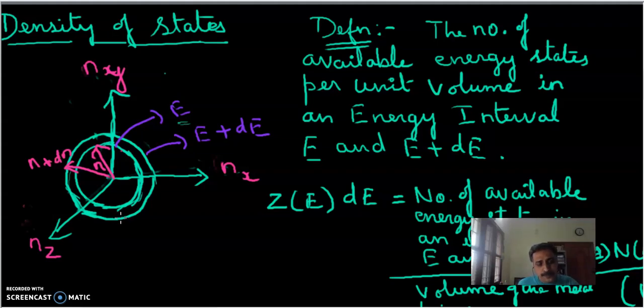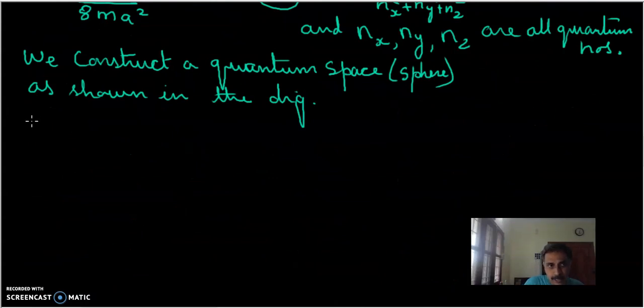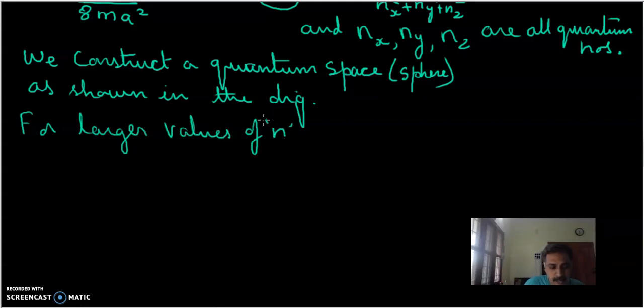Now let us come to the derivation. For larger values of n, we say that the energy states are continuous.